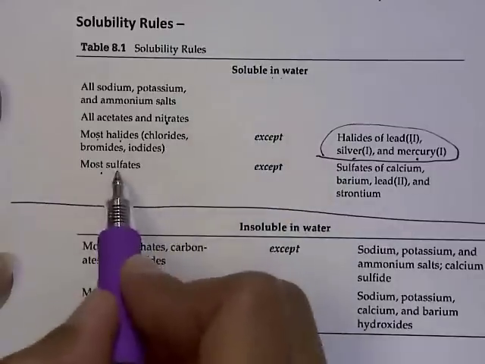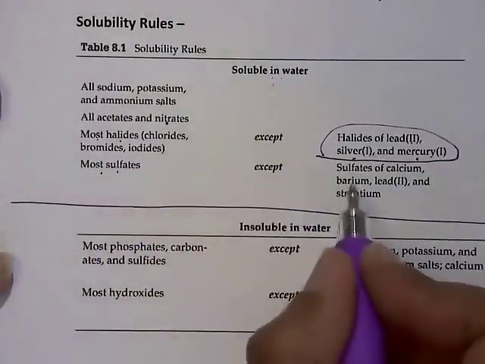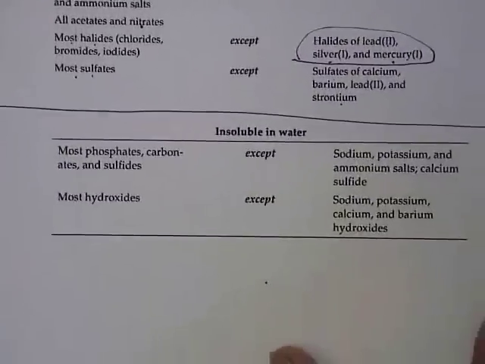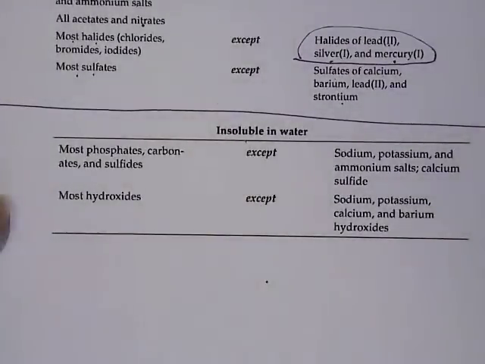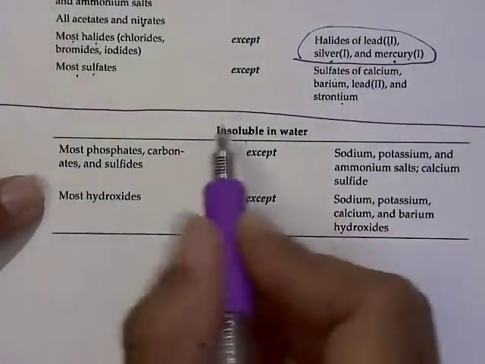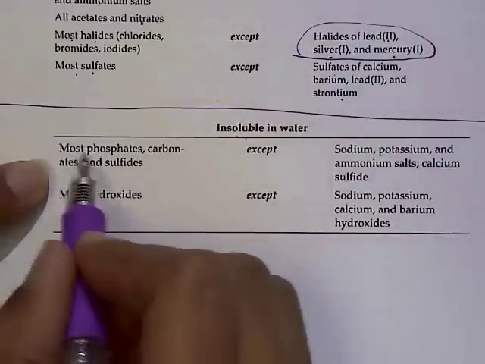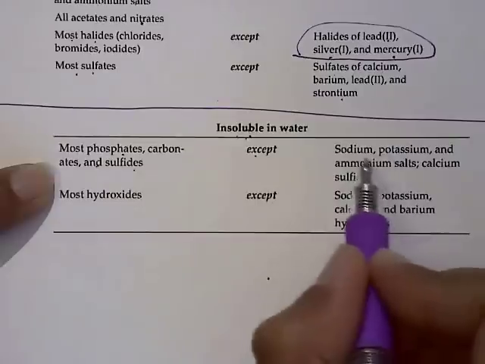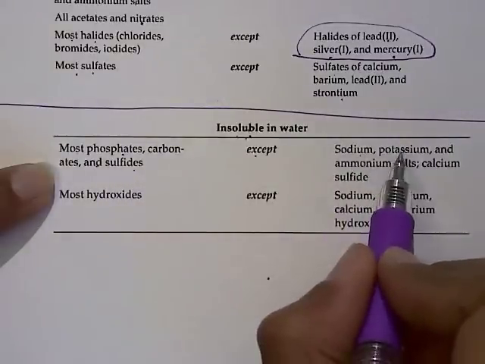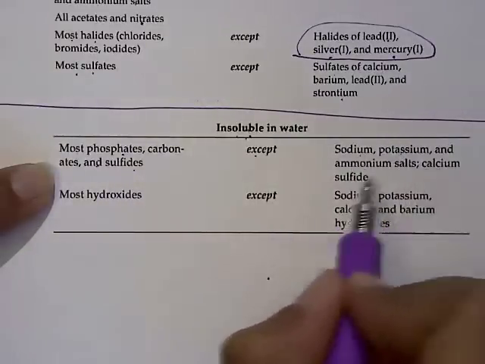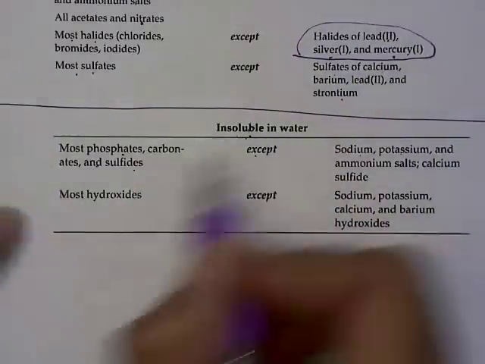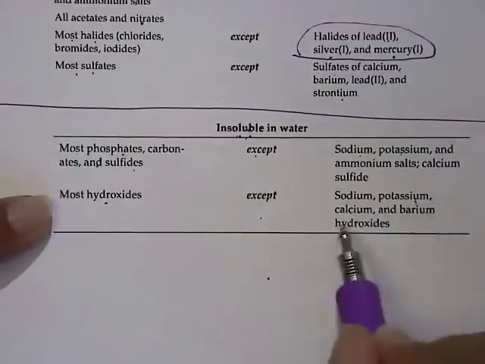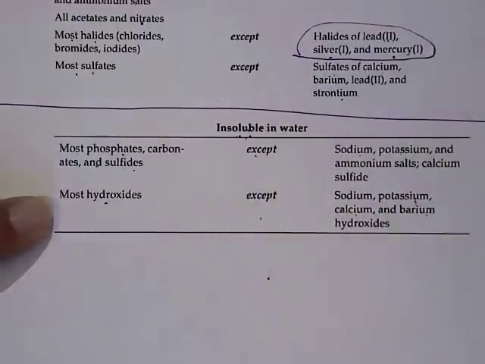Most sulfates are soluble in water except sulfates of calcium, barium, lead, or strontium. Let's take a look at substances insoluble in water. Most phosphates, carbonates, and sulfides are insoluble in water except sodium, potassium, and ammonium salts, or calcium sulfides. Most hydroxides are insoluble in water except sodium hydroxide, potassium hydroxide, calcium, and barium hydroxides.